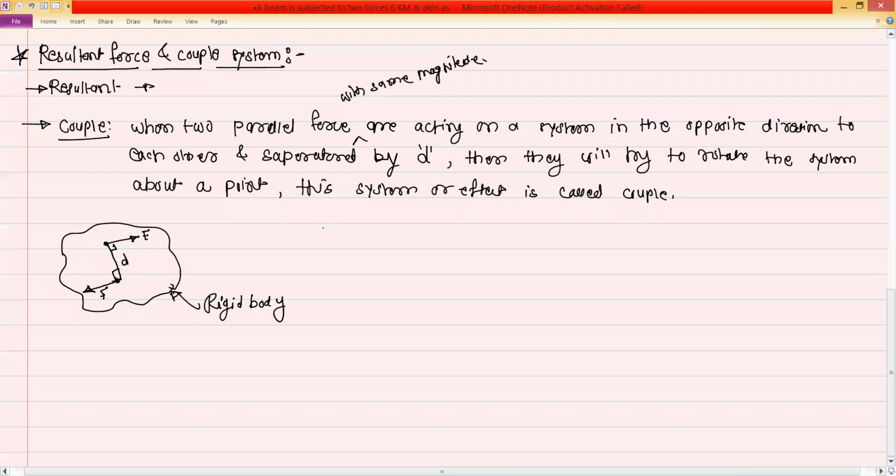This couple value is sometimes represented as C, or we can represent it as M, which is equal to the force and the perpendicular distance d between the two forces. So this value is F into d, and the unit will be Newton meter. So this is called a couple.